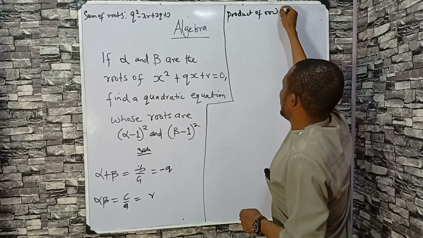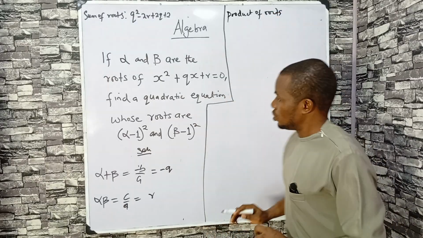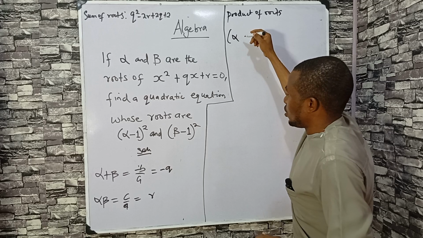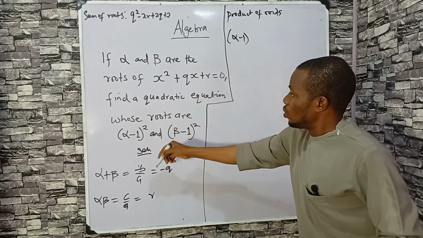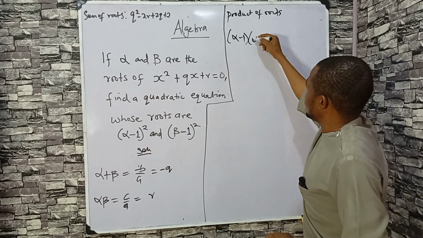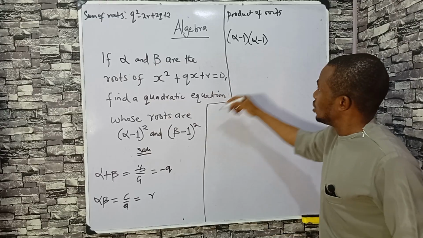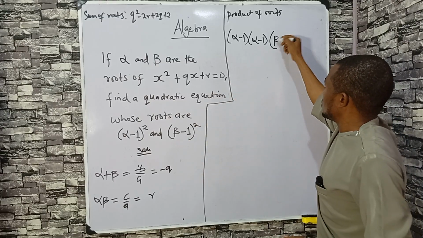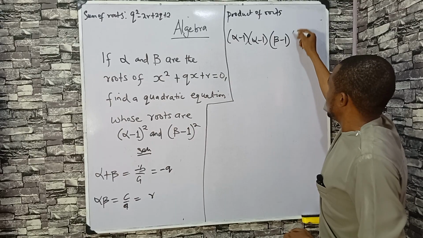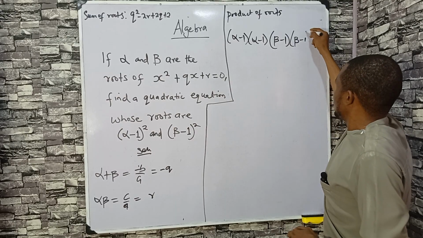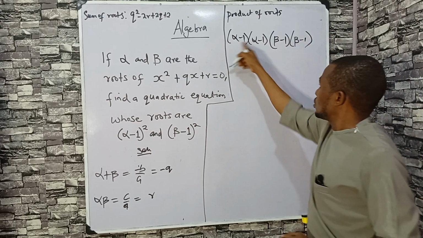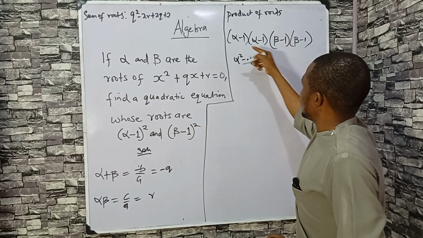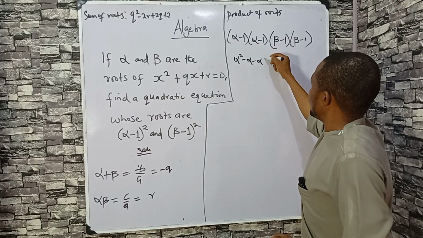the product of roots of the proposed equation, when you multiply two of them, so alpha minus 1 squared, we have cleared this already, then times this, we have gotten this to be alpha squared minus alpha plus 1.